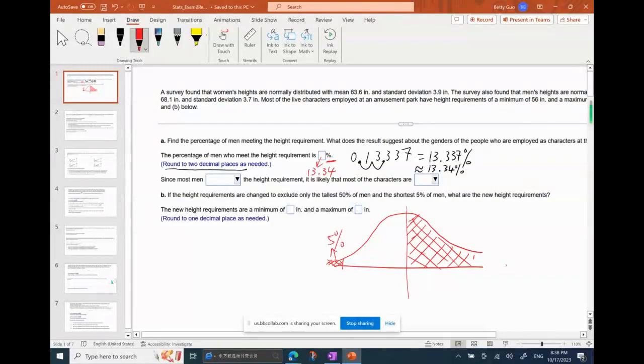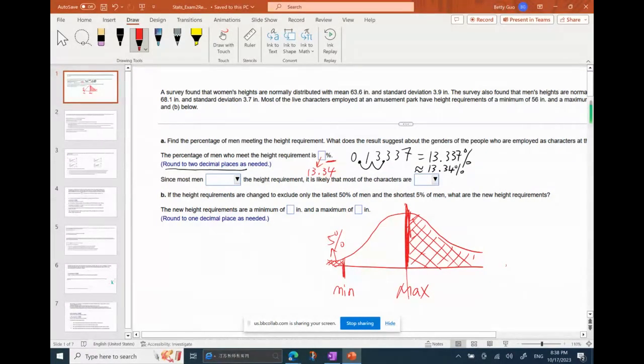The new height requirement has a minimum of what and a maximum of what. So this is going to be the minimum, and this is going to be the maximum. Isn't the maximum easy to find, guys? It's right in the middle. This one happened to be 50% excluded. Anybody can tell me what the maximum is? Isn't this value the center?